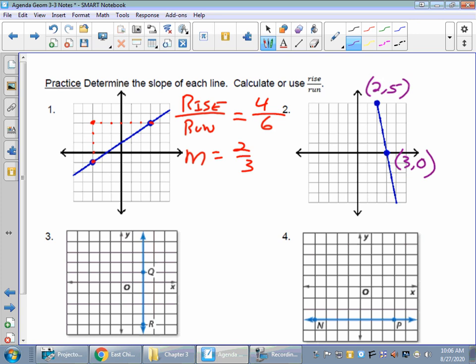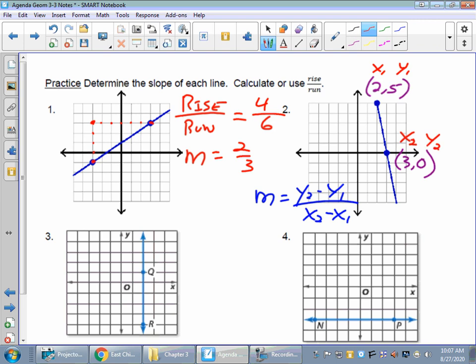And now we can use our slope formula, y2 minus y1 over x2 minus x1. Okay? So if I do that, m equals y2 minus y1 over x2 minus x1. So if I label these points, if this is my first point, and I say this is x1, then this would be my y1, and then over here would be x2, y2.